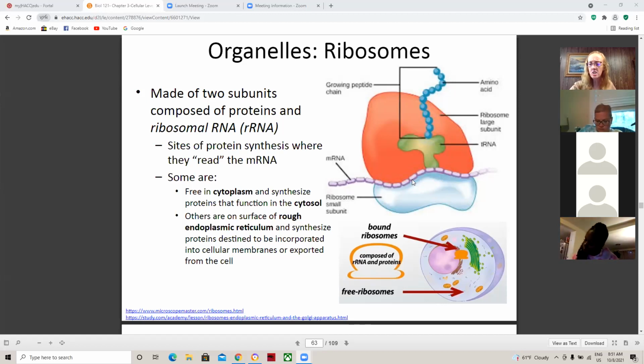If the protein being synthesized is going to stay free within the cytosol or in the cytoplasm of the cell and function within the cytoplasm of the cell and isn't made to be exported via exocytosis or become part of the plasma membrane, it will be made by ribosomes that are free within the cytoplasm.